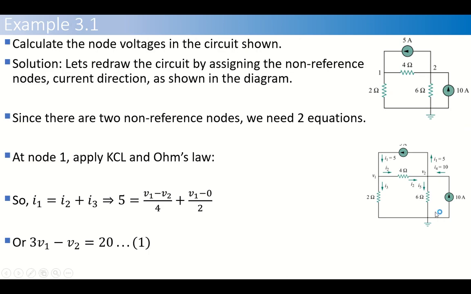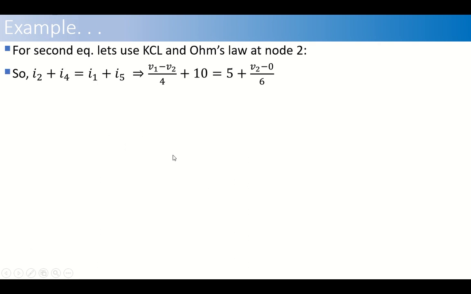At node number 2, you can see there are 4 branches connected: 4 ohm, 6 ohm, 10 ohm, and the 5 ampere and 10 ampere current sources. I2 is incoming and the 10 ampere current is incoming. The sum of incoming currents should be equal to the outgoing current. The 5 ampere current is outgoing and the current in the 6 ohm resistance is also outgoing. So we can proceed.